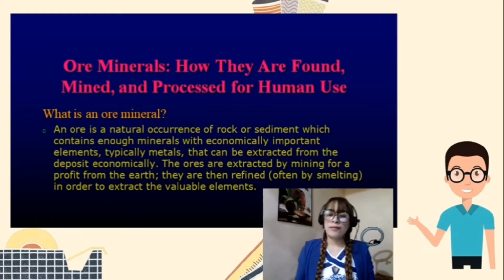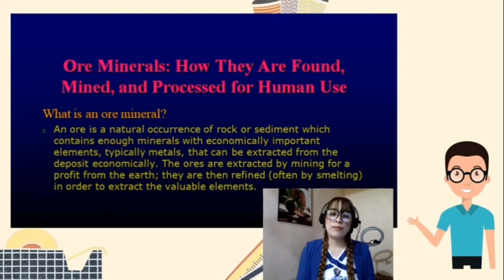So first, let's define what an ore mineral is. An ore is a natural occurrence of rock or sediment which contains enough minerals with economically important elements, typically the metals that can be extracted from the deposit economically. The ores are extracted by mining for a profit from the earth.